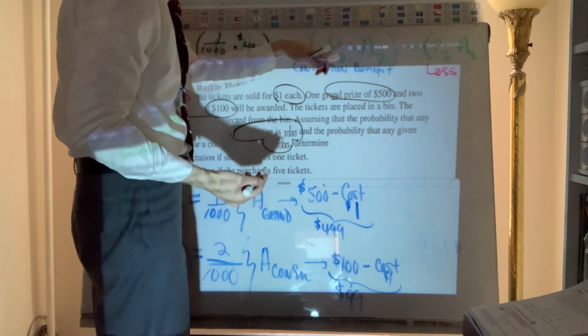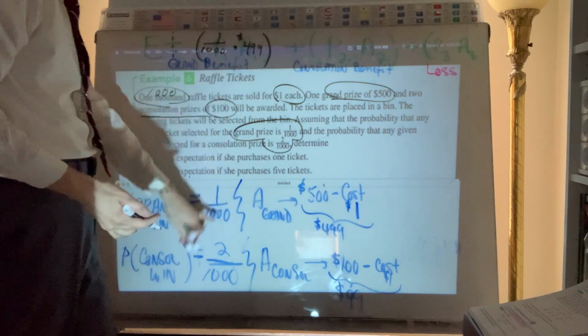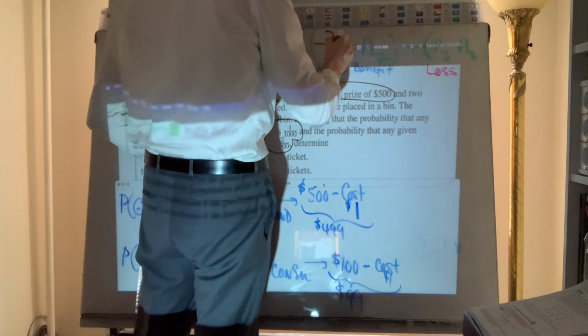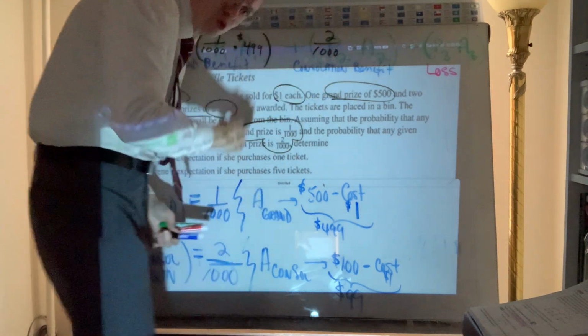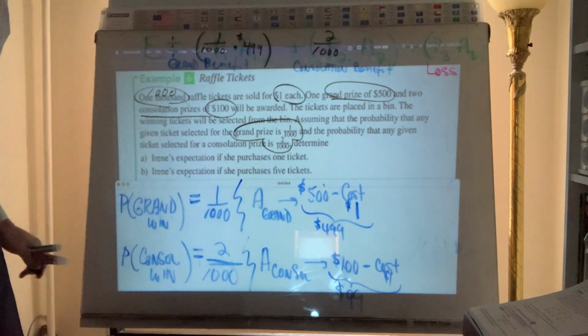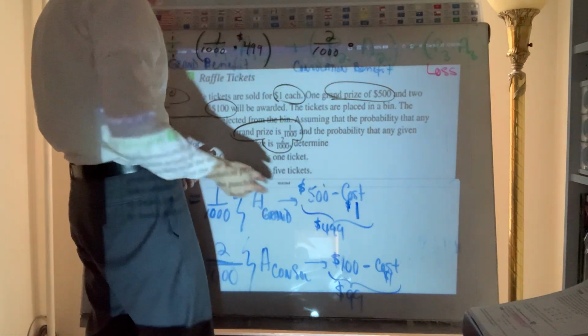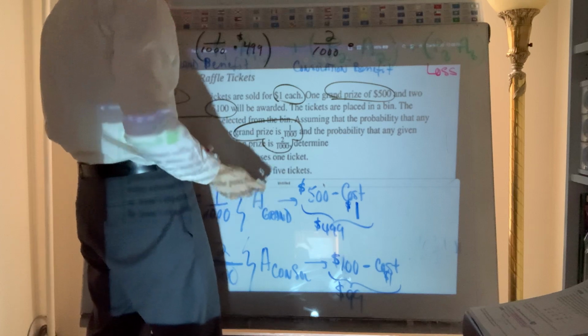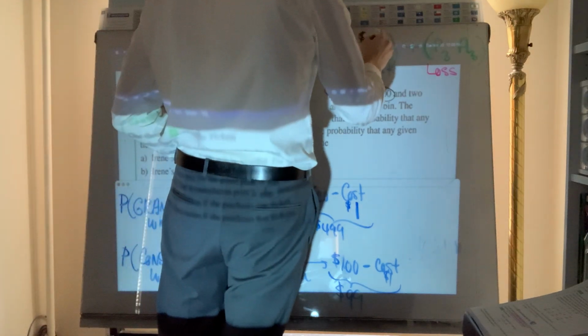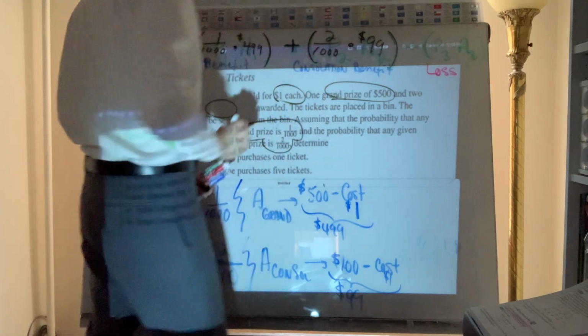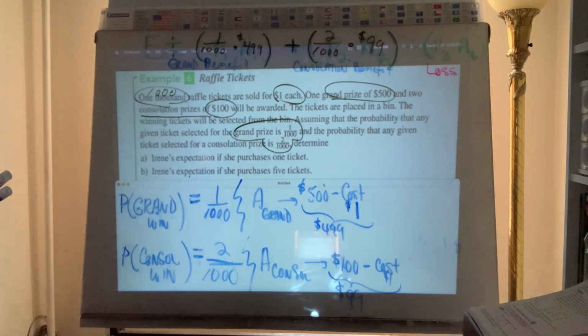So arithmetic. The second probability, still a benefit, would be 2 in 1,000, because they draw twice in theory. But the sum is not as great. So $99. Still positive. All right, that's good and legible.